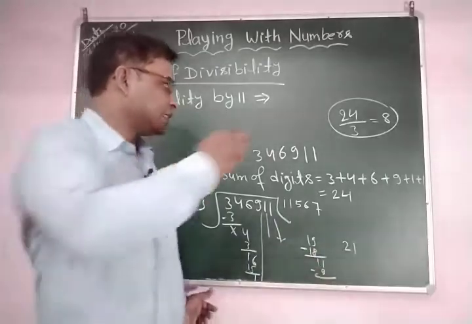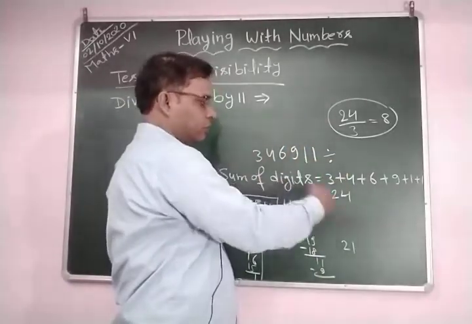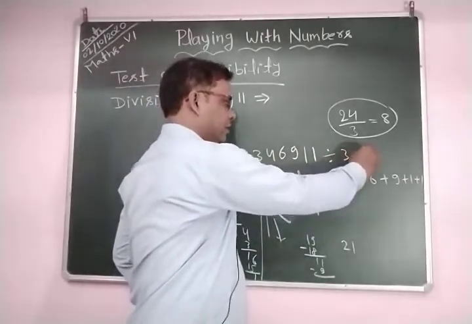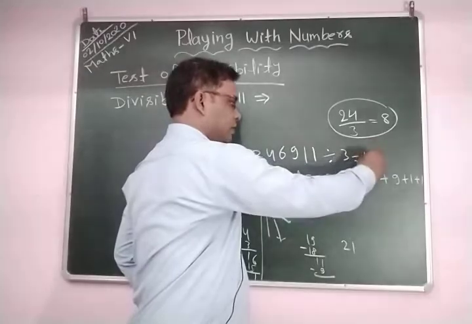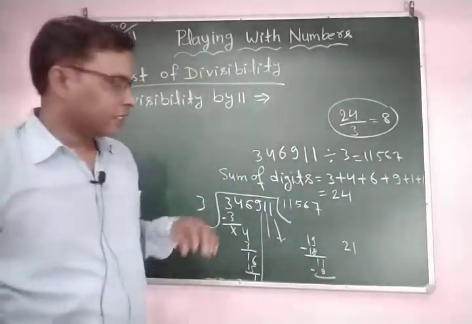So you can see, if the sum of the digits of this number is divisible by 3, then this number is also divisible by 3. The quotient is 11,567. Now we are going to take another example.